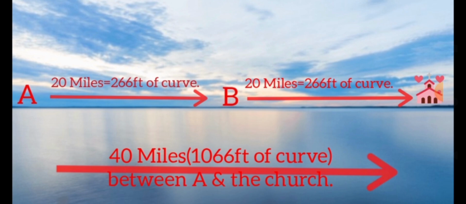Because the second half of observer A's long-range observation should have 800 extra feet of curve. But observer B wouldn't see that. No one's ever seen 800 feet of curve over a body of 20 miles.